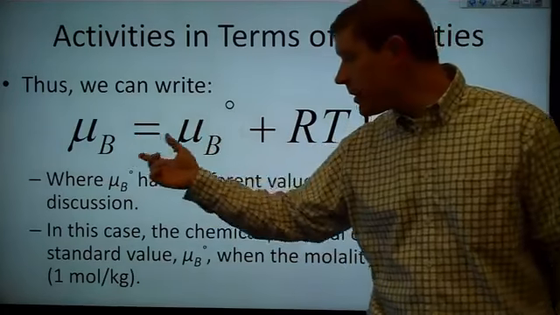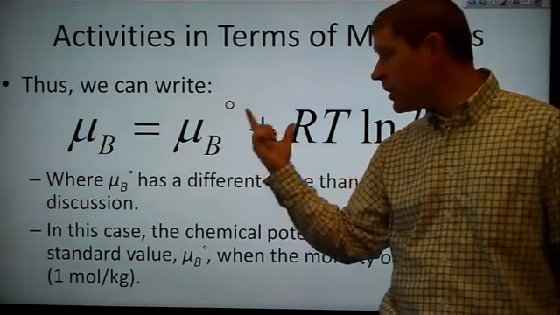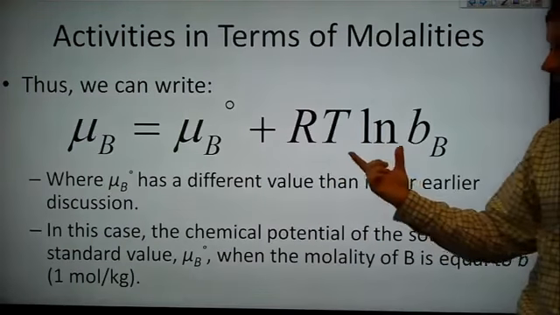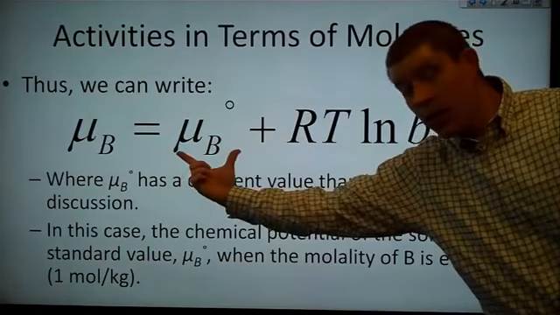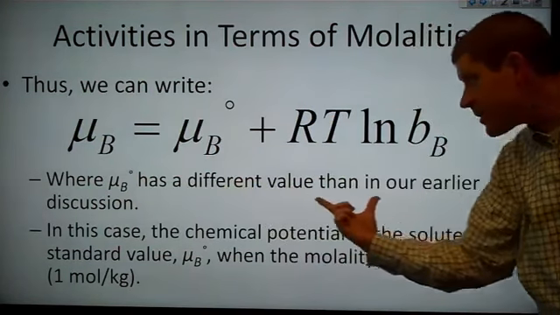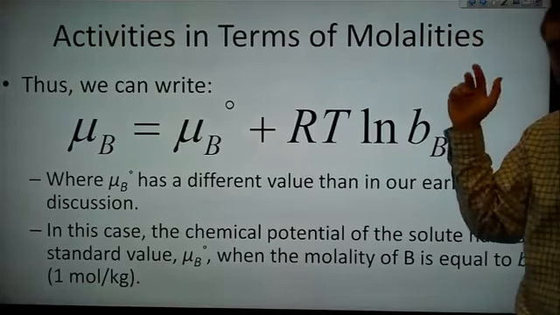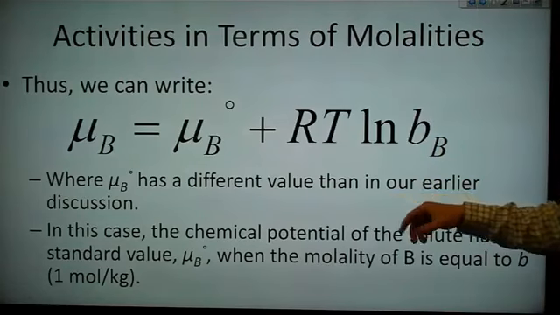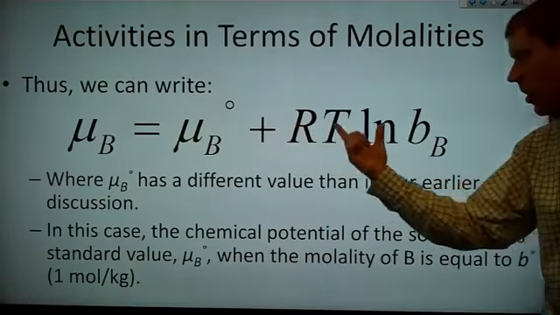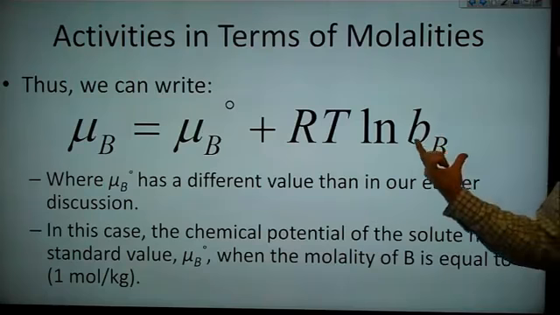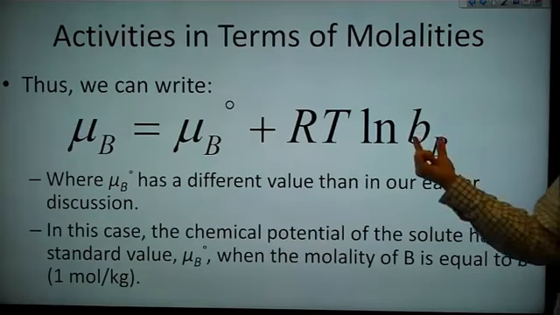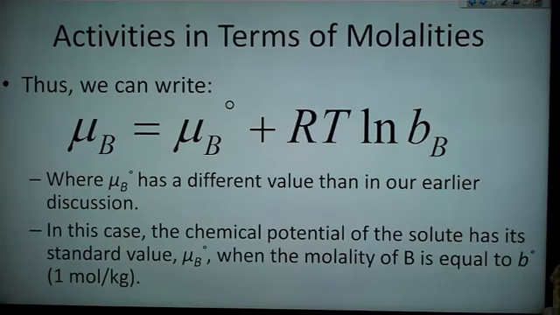So we get chemical potential of B is equal to chemical potential of B naught, where note that this mu B naught has a different value than the earlier mu B naught did, plus RT times natural log of b, where b here is the molality of our species B.